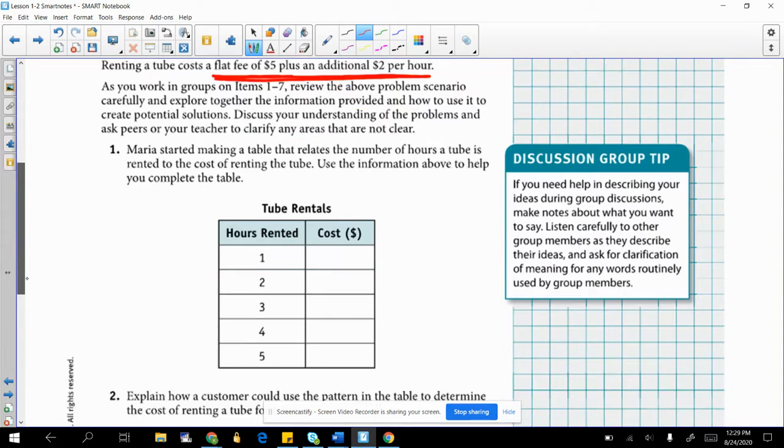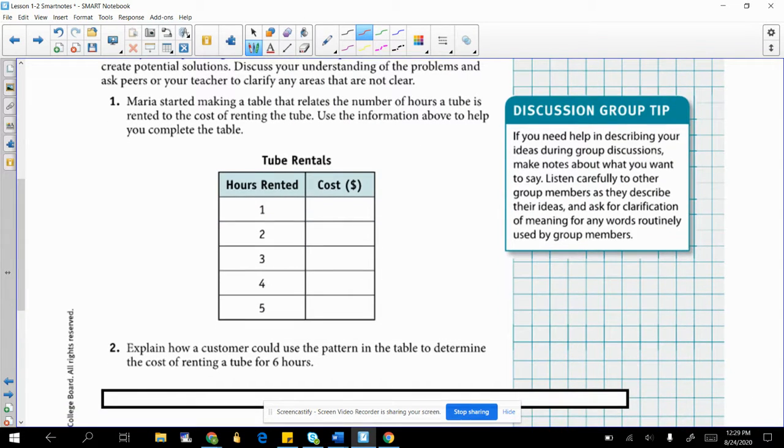So no matter what, if you rent the tube, it costs $5. And then if you rent it for an hour, it's going to be that additional $2. So the cost for 1 hour is $7. Okay. Then if you rent it for 2 hours, well, the cost per hour is $2. So you're going to have to add $2 there.